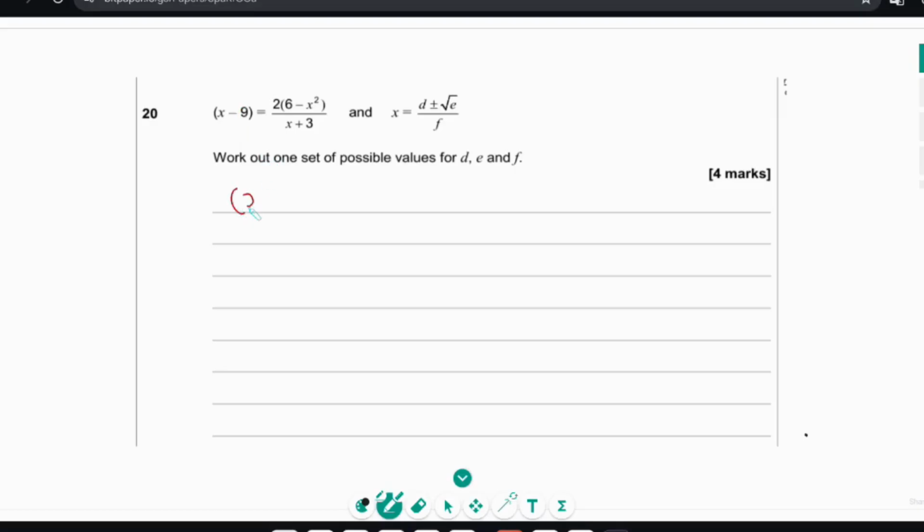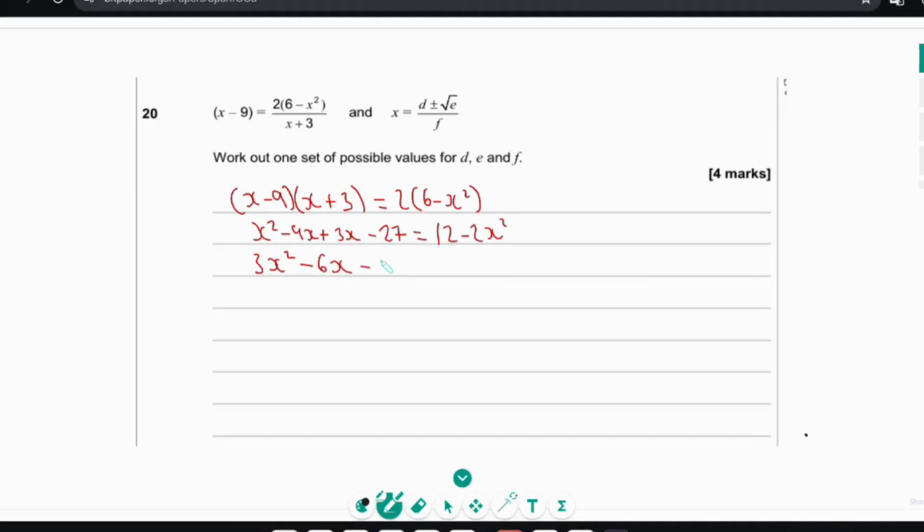I'm going to times both sides by x plus 3. Multiply out the single bracket. Simplify. I'm going to add 2x squared to both sides. Minus 9x plus 3x is minus 6x.